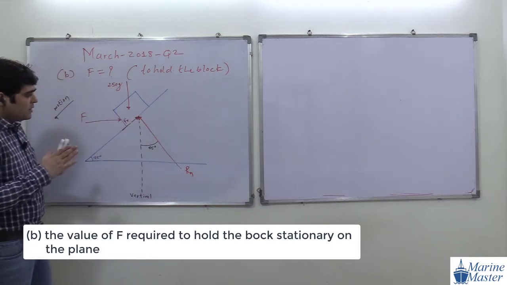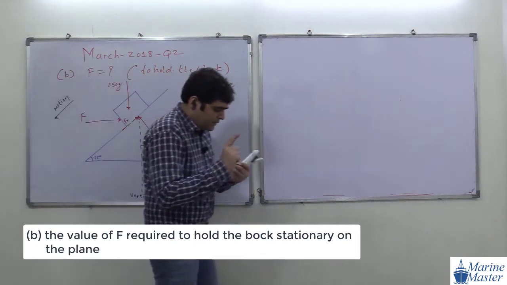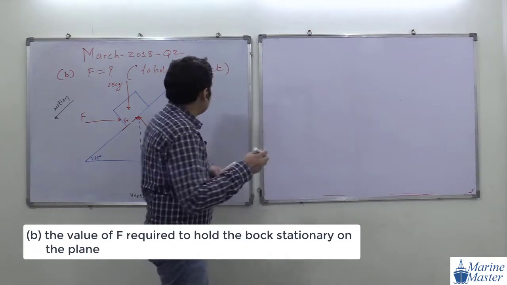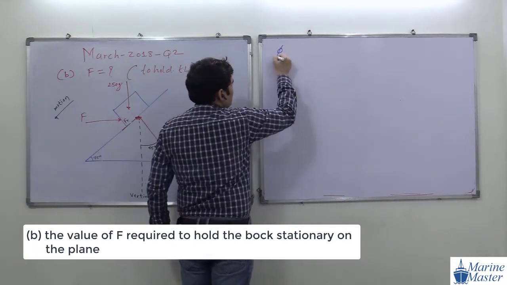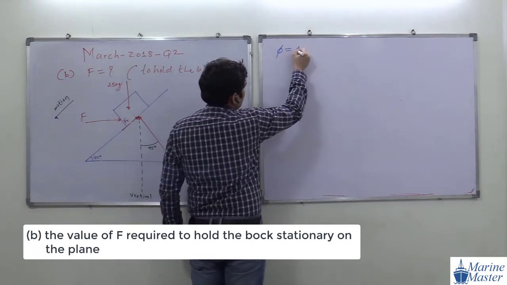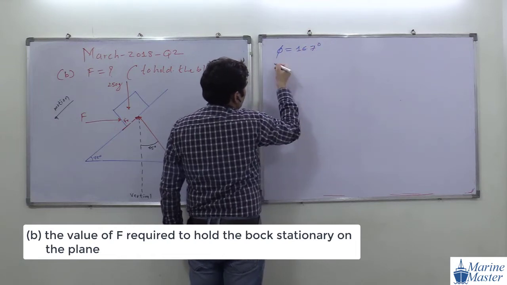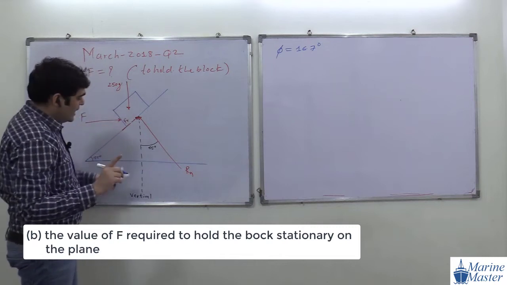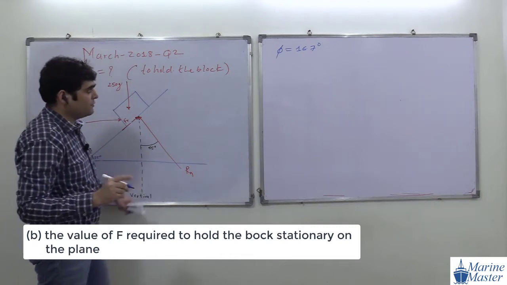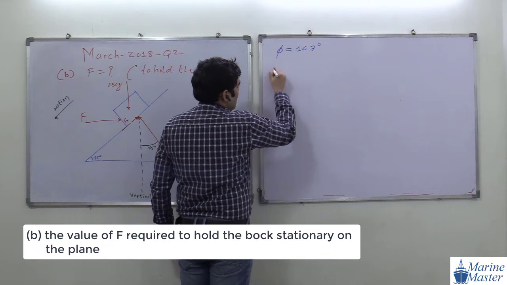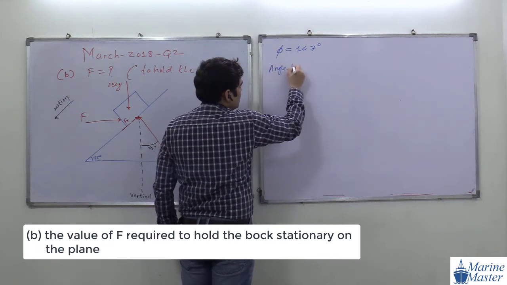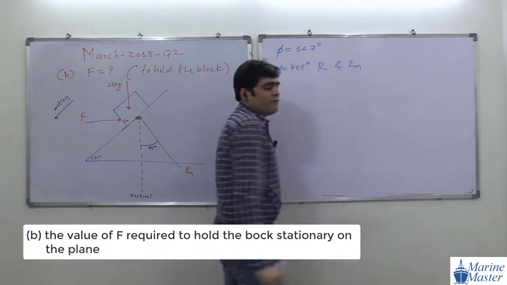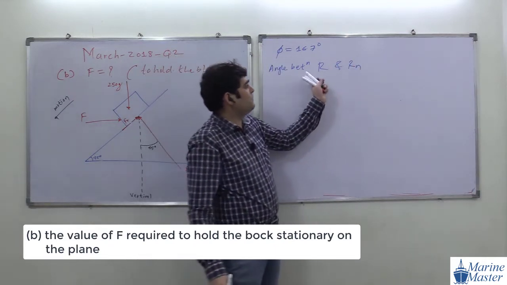Now see the point here. What is the value of phi here? Phi is the same, 16.7 degree, because it depends on mu. And this angle is 45 degree, so the angle between Rn and vertical is 45 degree. Now the angle between R and Rn.